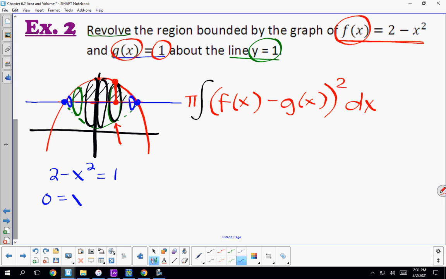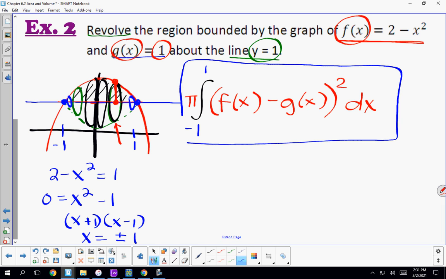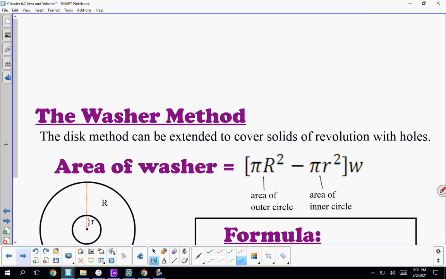Maybe I'll do that. So we'll get positive x squared minus 1. And if we factor, we'll get x plus 1, x minus 1, and we'll see that our solutions are plus or minus 1. So if this is negative 1 and this is positive 1, those are going to be my bounds. And this is how I would calculate the volume of this three-dimensional, maybe kind of like a football object here that we see. And that's going to be it for this video.